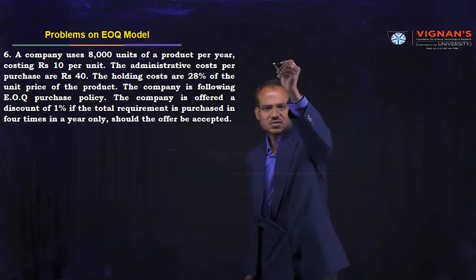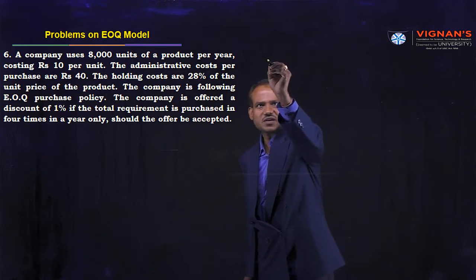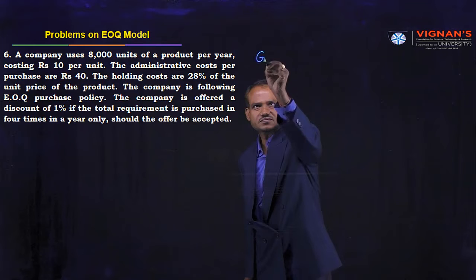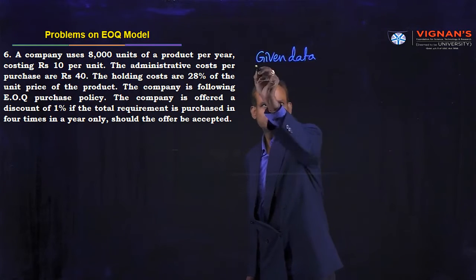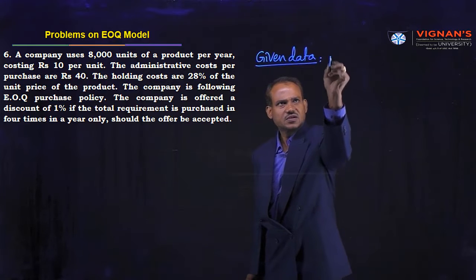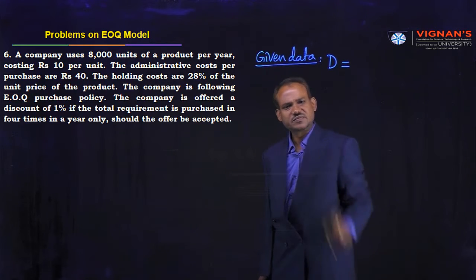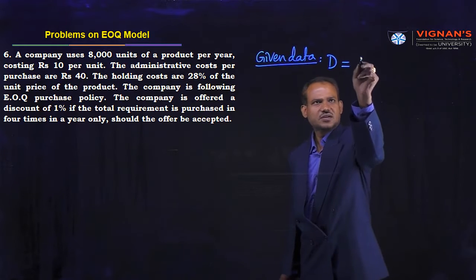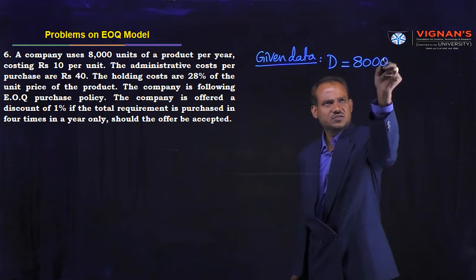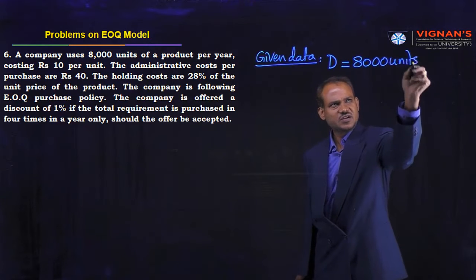So, first write down the given data. Capital D, annual consumption or annual requirement, is given, that is equal to 8,000 units per year.